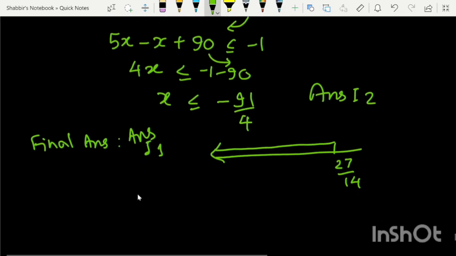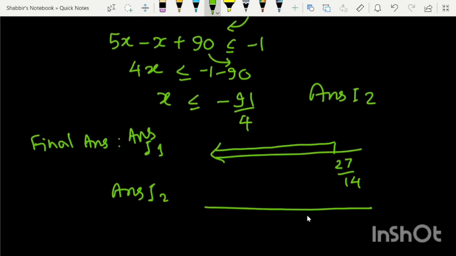And I2, as you can see, it is less than or equal to minus 91 by 4. Okay, so we will drop perpendicular.